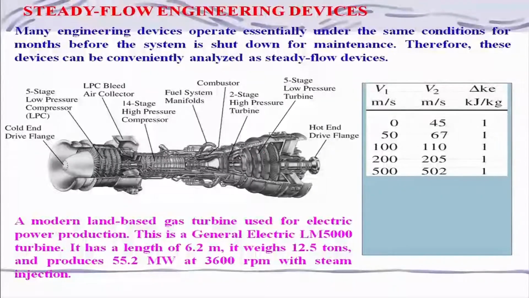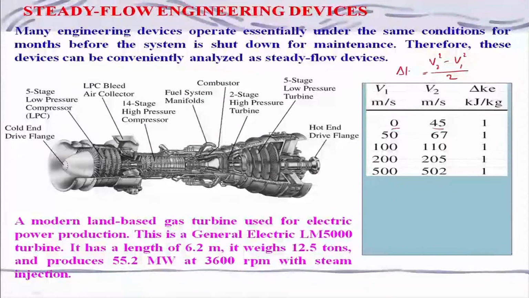For example, if V1 is 0 and V2 is 45 meter per second, and I take the change in kinetic energy, that is the specific energy, V2 square minus V1 square divided by 2, it happens to be 1 kilojoule per kg.